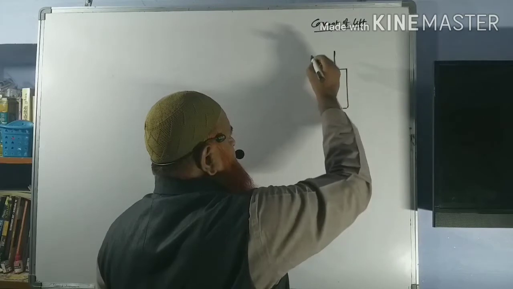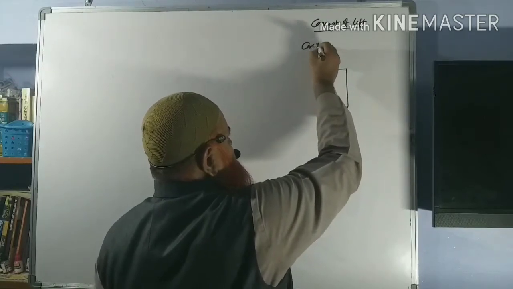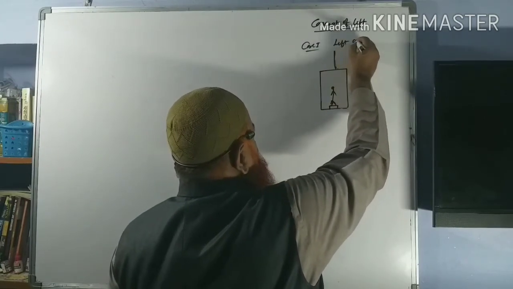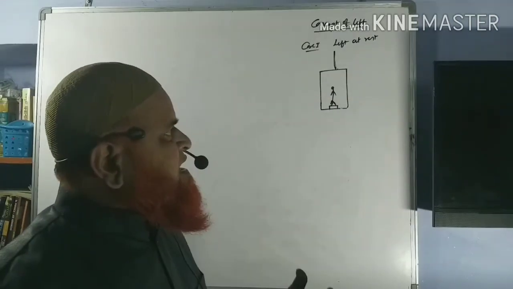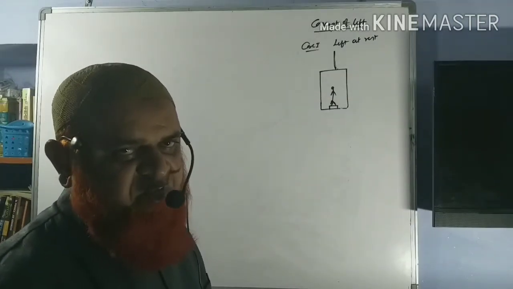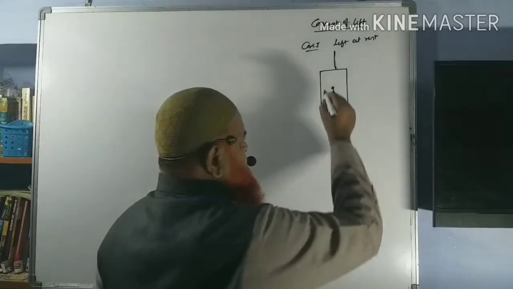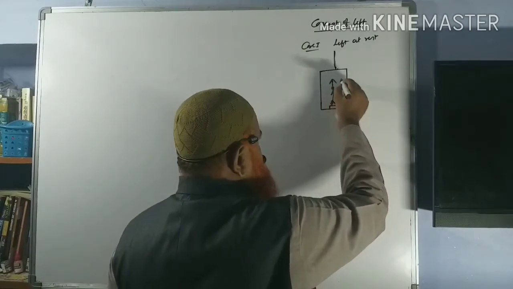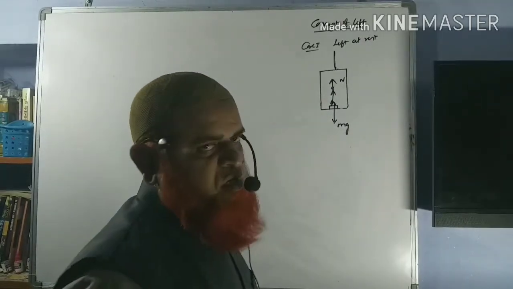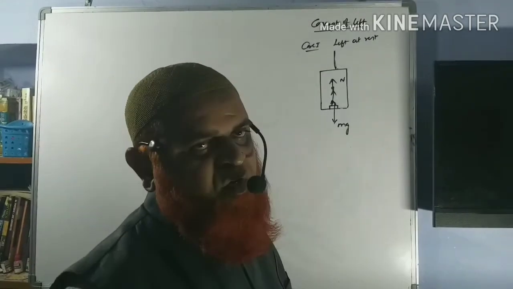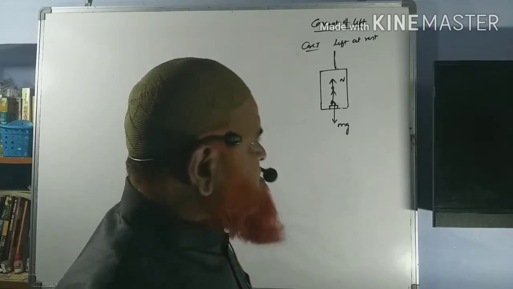Now, let us consider the first case here. The first case is lift at rest. When the lift is at rest, how many forces are acting on you? First force is normal reaction and the second force is mg acting downwards. So normal reaction is acting upwards, mg is acting downwards.